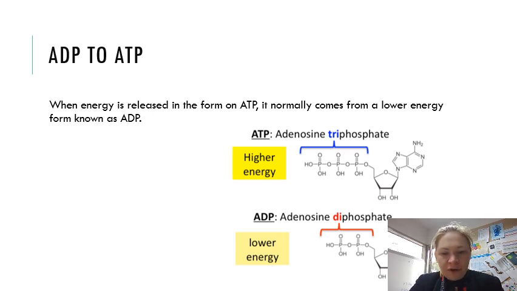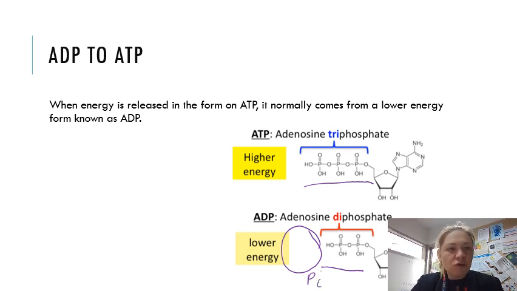So basically, when we're breaking down ATP, we go from having 3 phosphate groups to 2 phosphate groups. And the breaking off of that single phosphate group, which you might see sometimes denoted as Pi, releases the energy that we need in order to power reactions in our bodies.